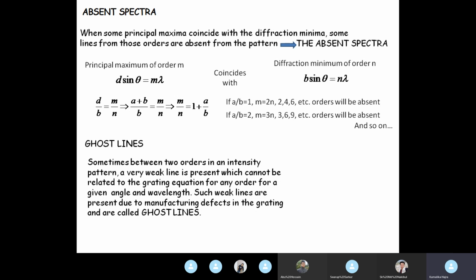What do I mean by that? Suppose you have seen a line at a particular value of theta, at a particular order. If you use this equation to find the order for that line that has appeared at an angle theta, it may give you a fractional value of m, the order, but a fractional order doesn't make any sense.